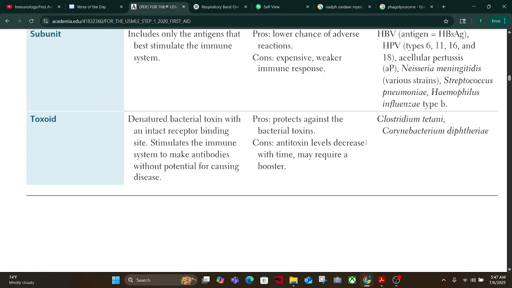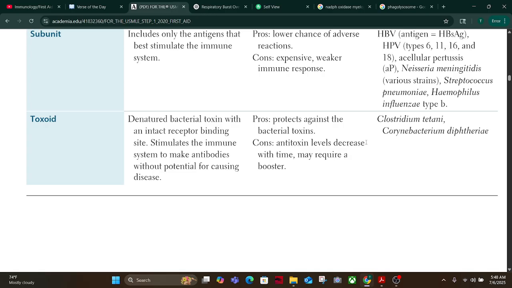These toxins are injected into the blood, so the body creates antibodies to the toxins. And the intact receptor binding site means that the structure of the toxin is retained, so antibodies can still be made.